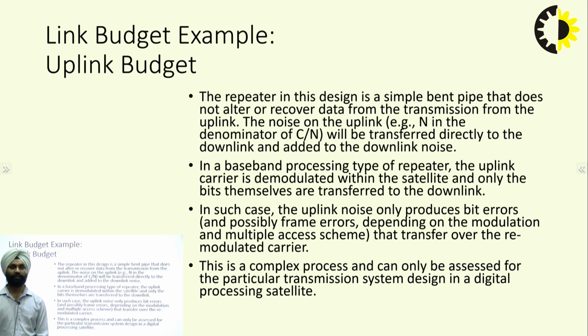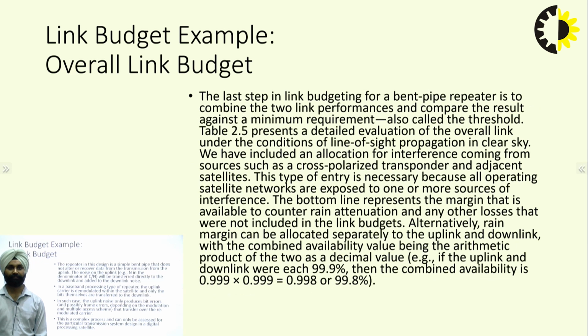There are few possibilities that frame errors are also introduced, depending upon the modulation and the multiple access schemes. This is a complex process and can only be assessed for the particular transmission system designed in the digital processing satellite.